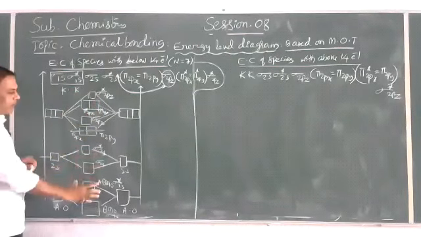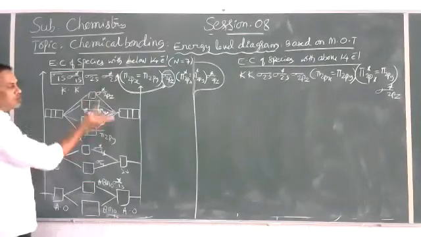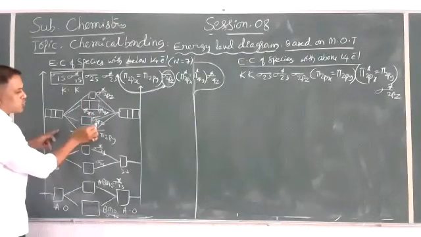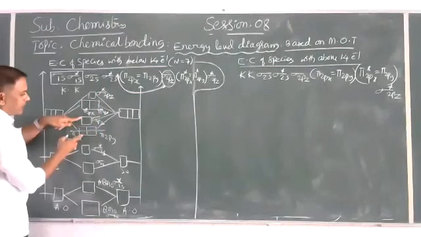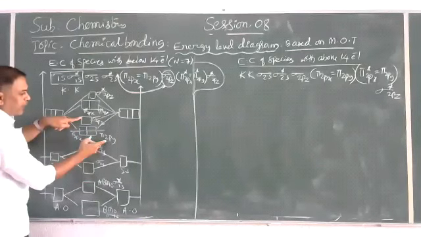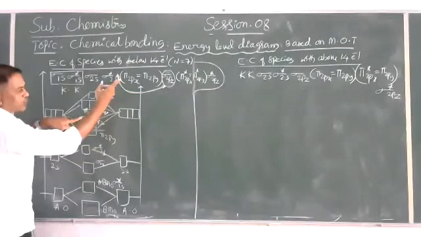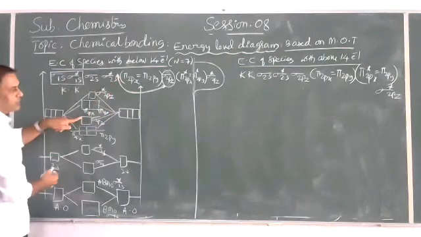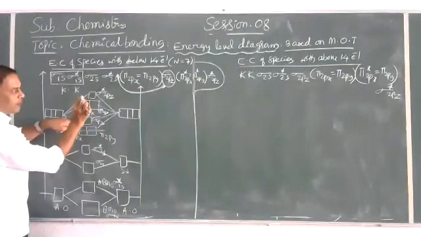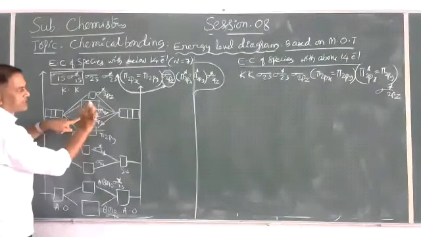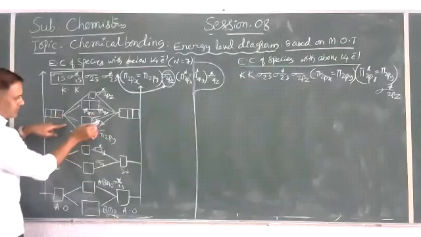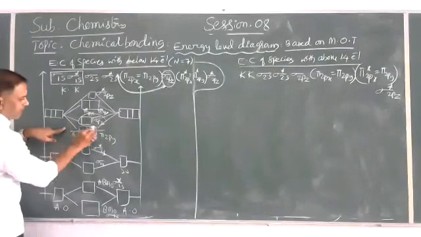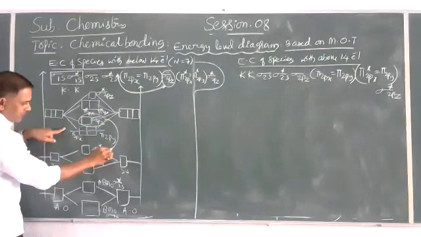While writing this energy level, why is 2pz higher than pi 2px and pi 2py? According to the nuclear model of an atom, for below 7 or up to 7 atomic number, the nuclear force of attraction is more and influences the outermost orbits more.